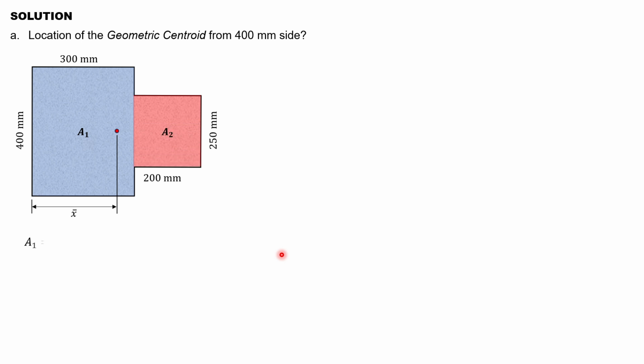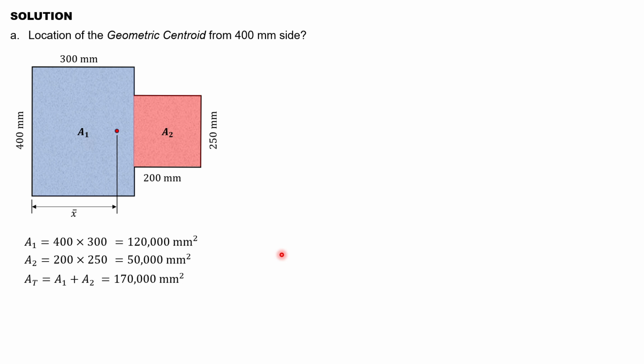Now the area 1 is simply 400 by 300, that is equal to 120,000 mm square. For the area 2, we have 200 by 250, which is equal to 50,000 mm square. Then for the total area, that is A1 plus A2, which is equal to 170,000 mm square. Now going back to the Varignon theorem, that is area total times x bar is equal to summation of all the areas with their x bar.